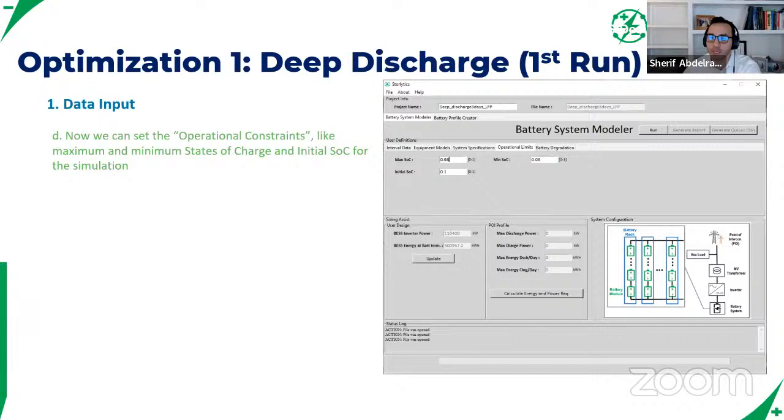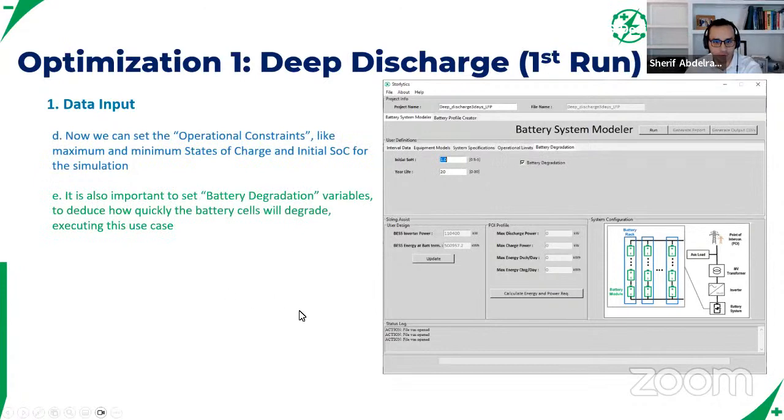So in the design process, you want to account for that smaller depth of discharge that you have access to in your battery. Here, we're being a little bit optimistic with 93% and 3%. In reality, this would probably be more around 90%, and this would probably be 10% for most LFP batteries out there.